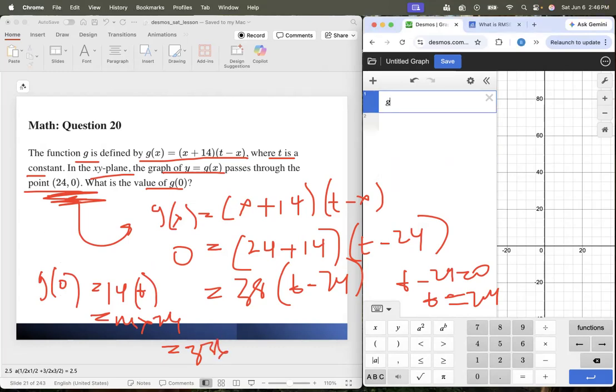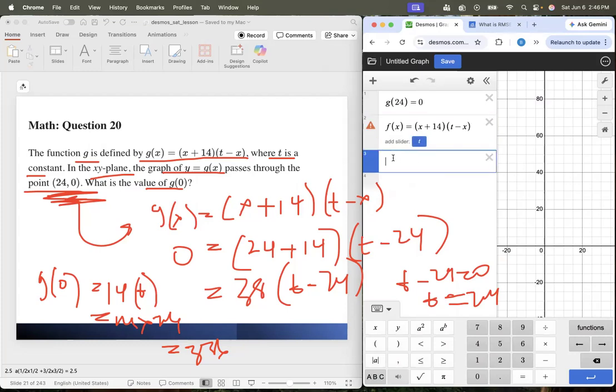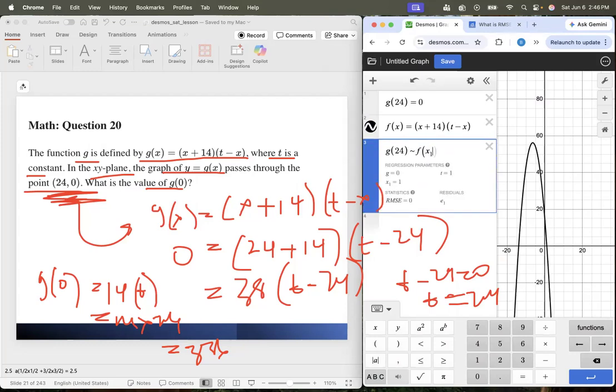You just need to separate the two functions into two. Well, when g is 24, we have what? 0. Now, f of x is the other function, which is x plus 14, times t minus x. Now, we're going to regress g of 24 to f of x, and we get this.